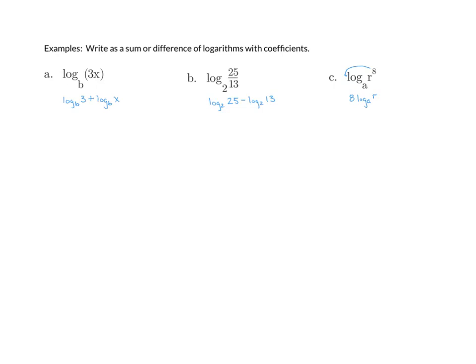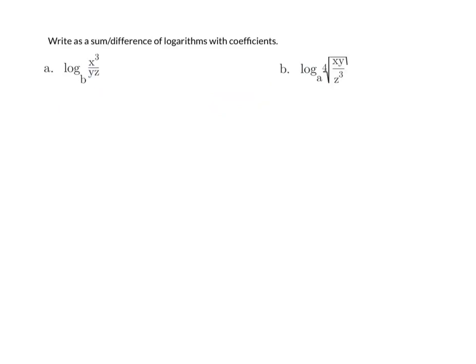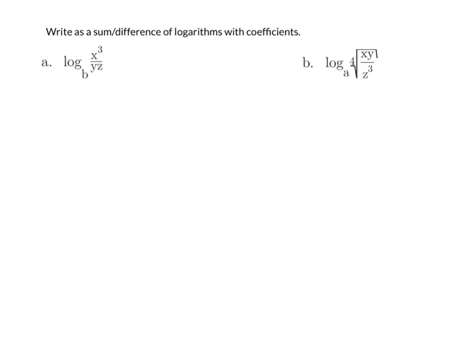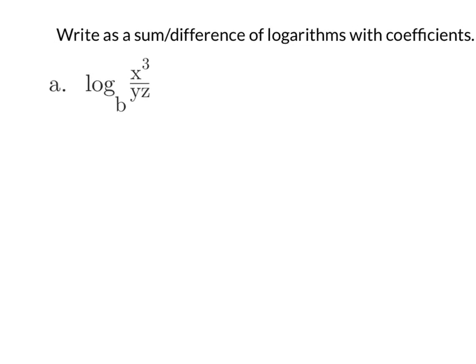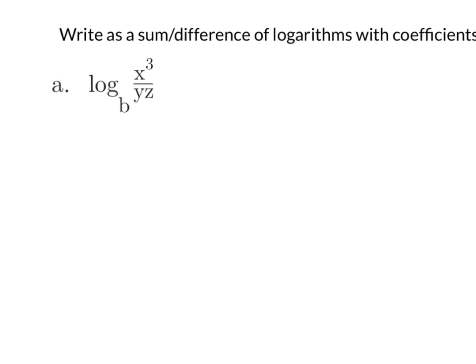Okay, so hopefully you guys have the basics of this. So now let's go ahead and apply this to more challenging problems. So in these examples, we want to write as a sum or difference of logarithms with coefficients. Now, the basic rule is whatever is on top will be positive, whatever is on bottom will be negative.